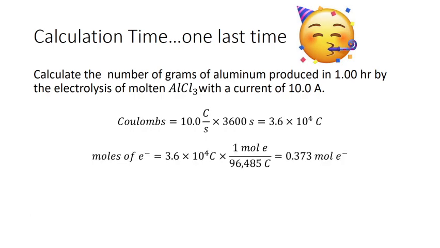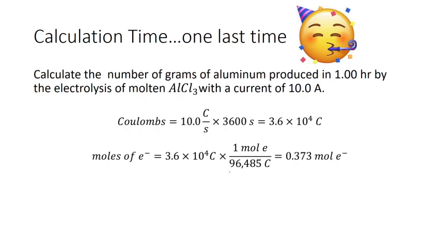Right, and to figure out how many moles of electrons that is making, because of course, the stoichiometric relationship of electrons and atoms, we're going to be interested in moles of electrons.